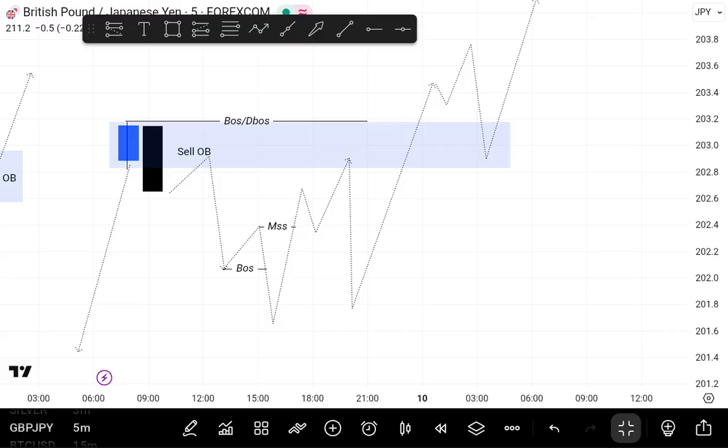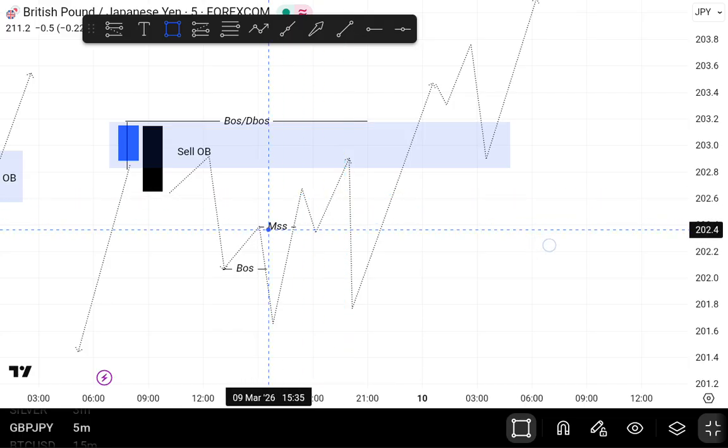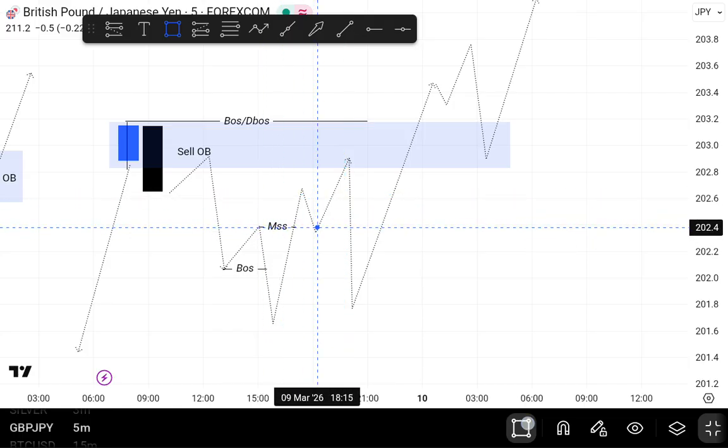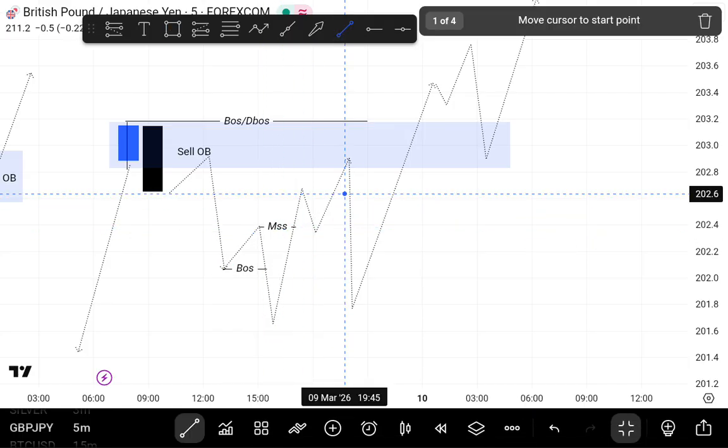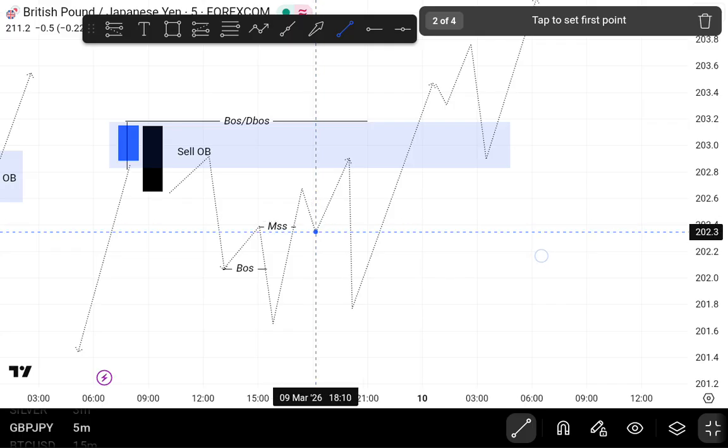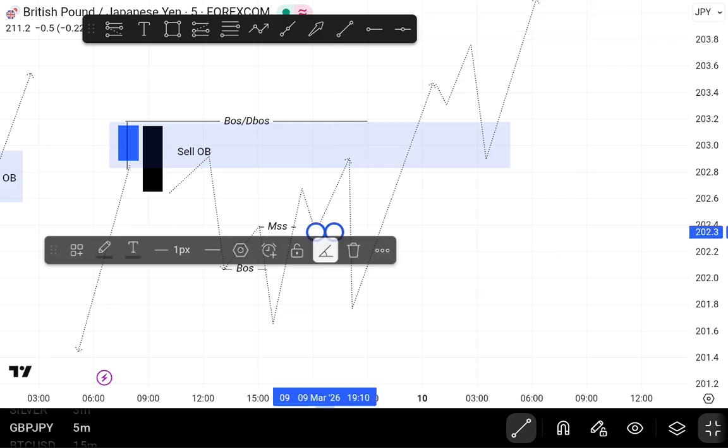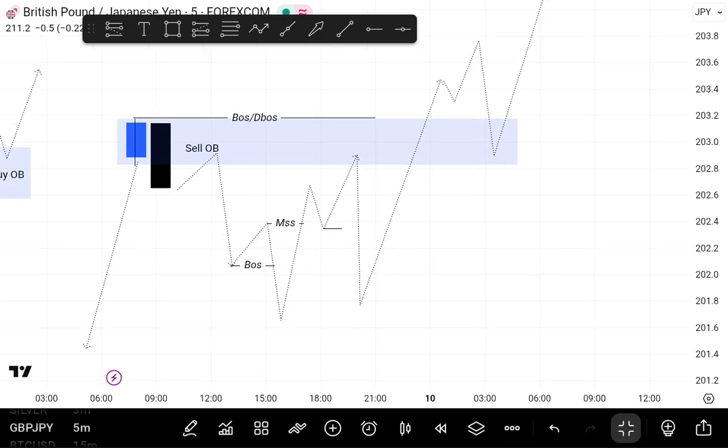Then for now we'll be using our first inducement, that's our first pullback, which is inducement liquidity. The first pullback after our break of structure is this. It can be a single candle, any candle at all. The first pullback is after the candle breaks the structure or an MSS.